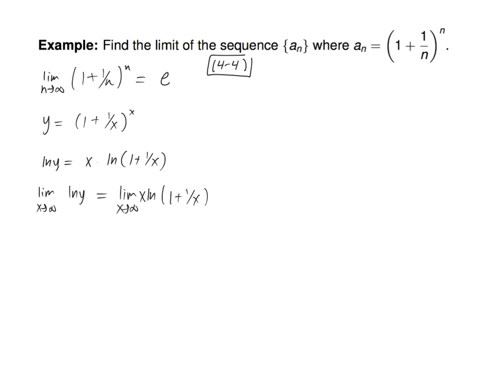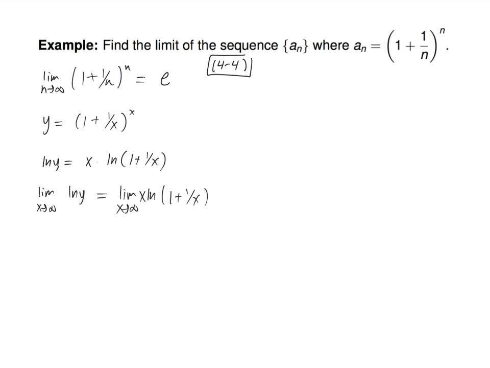Is everyone okay with all the steps I did there? I changed the n's to x's, I just did natural logs. Now I'm going to work with this thing here. Actually, this is infinity times, what's this ln of stuff going to? 1. This is going to 1, and ln of 1 is 0, right? So infinity times 0, yes.